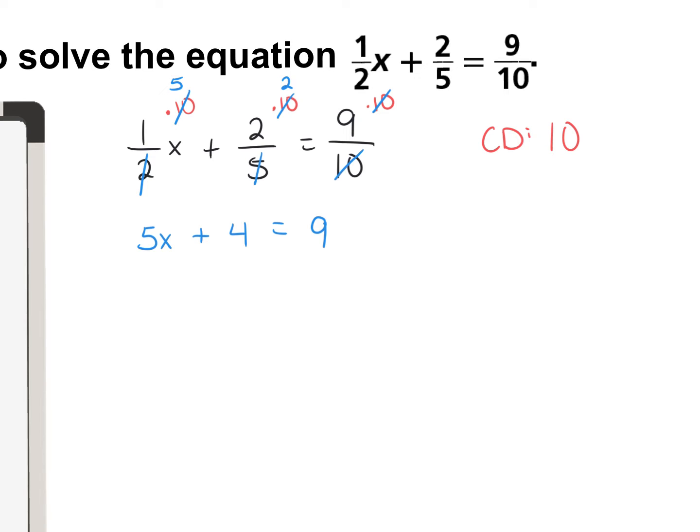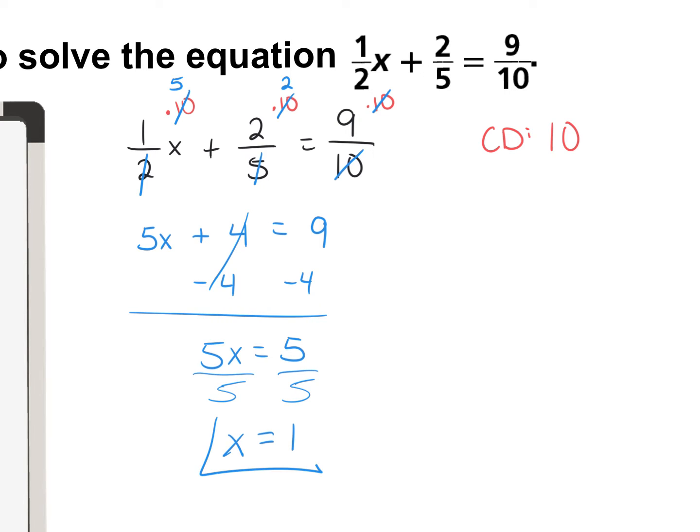How do I get x by itself? Subtract 4. So I have 5x equals 5. What do I do from here? Divide by 5. X equals 1. That's your answer. So we are solving for actual values of x.